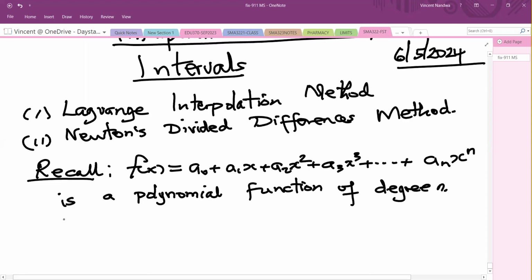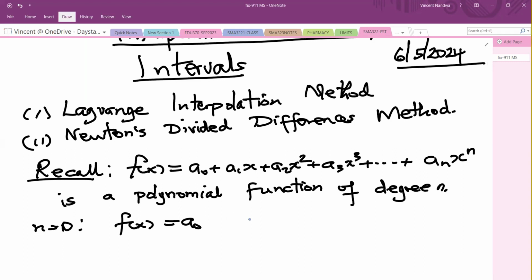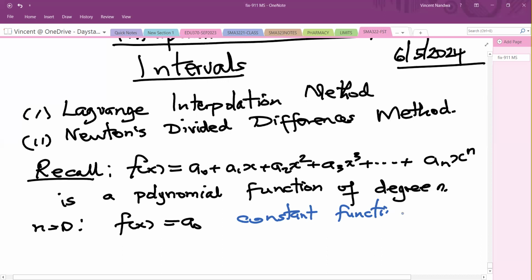So if n is 0, then f of x equals a0. This is called a constant function. If n is 1, then f of x will be a0 plus a1x. This is called a linear function of polynomial.